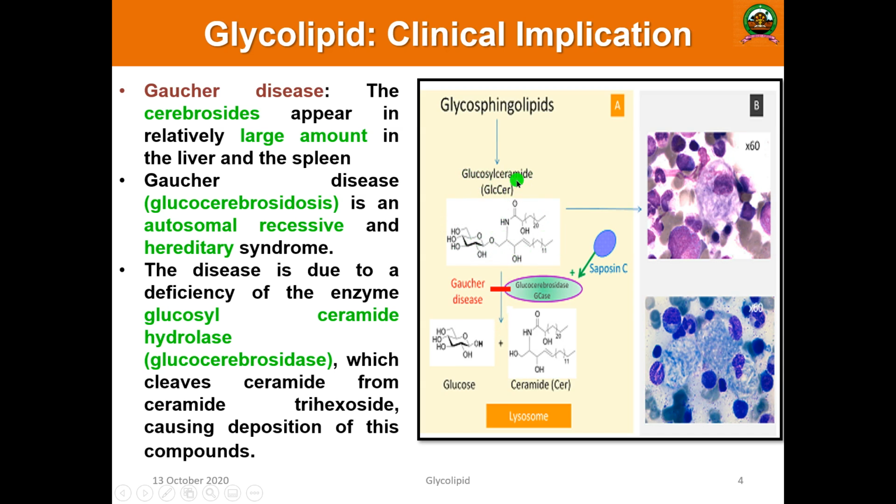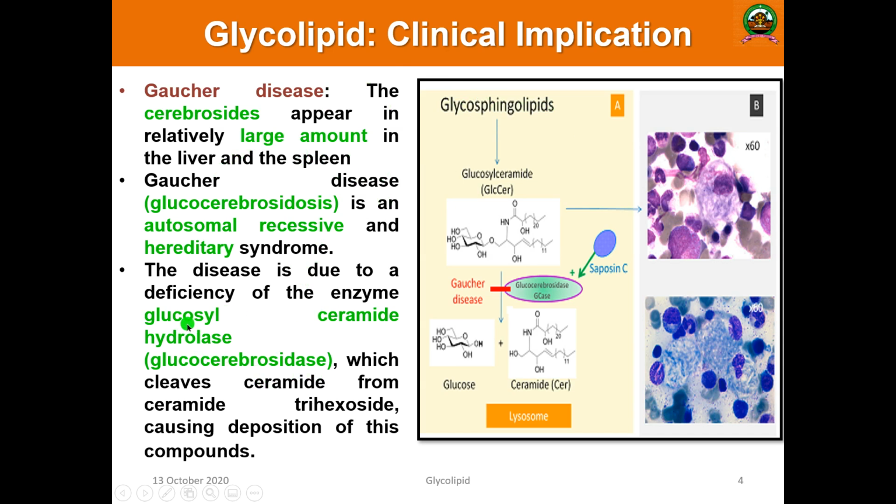Then the glycosphingolipids, or sphingosides, will accumulate in the cells and organs like the liver and spleen, and cause a disease called Gaucher disease. This is an over-accumulation of these glycosphingolipids.